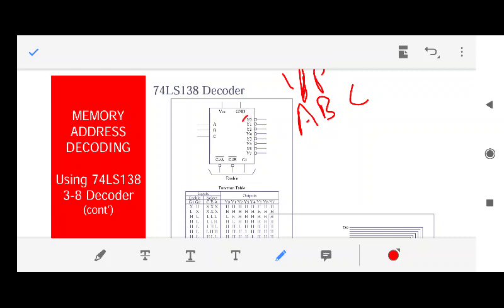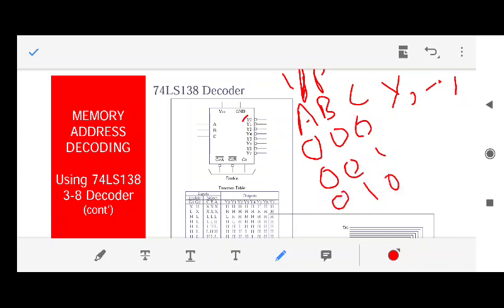Fine. Y0 to Y7. Now you can have input as 0 0 0, 0 0 1, then 0 1 0, and so on till 1 1 1. Fine. So for each combination of input, one output line is selected.